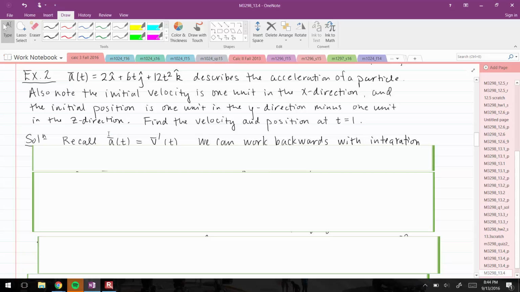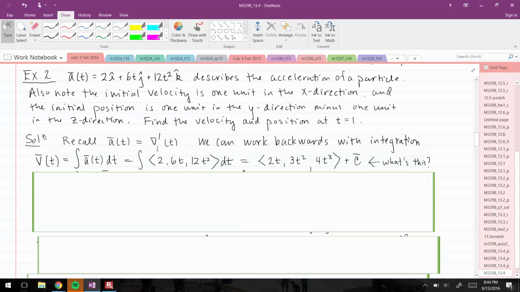So the acceleration is equal to the velocity's derivative. So we can get to velocity if we integrate the acceleration vector function. That's what I'm showing here, with the different components we have for acceleration, and then we just go ahead and do that.